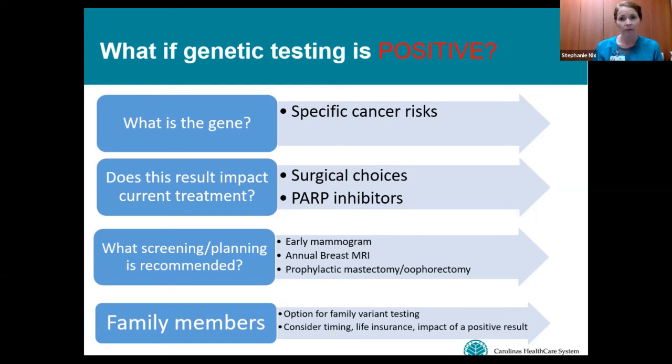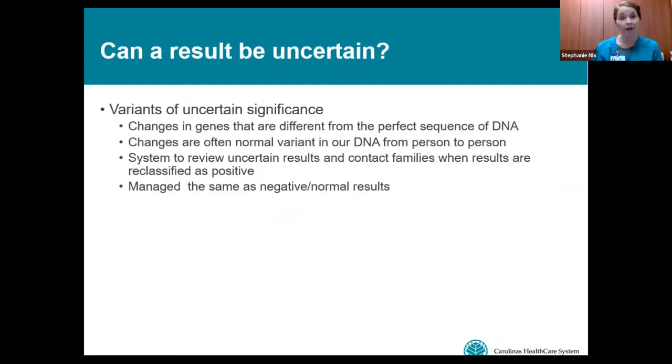Now, I threw this in here because for people who have had genetic testing before, they may have been told that they had some type of a variant of uncertain significance. These things are not my favorite friend, but overall, we want to keep in mind that not every change in every gene is actually a problem.